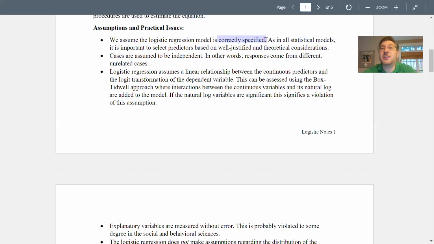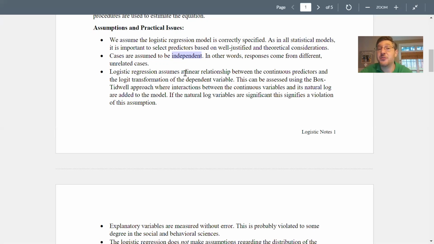And this is where it's really important to know the literature on your subject and to take into account previous findings, previous research, and any theoretical considerations to make sure that your model is actually correctly specified. We have an assumption of independence here. We assume that responses come from different cases, basically.